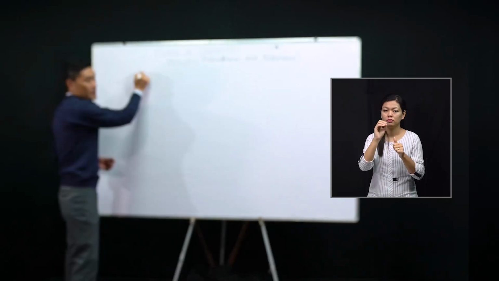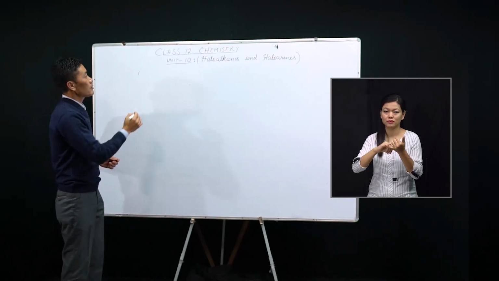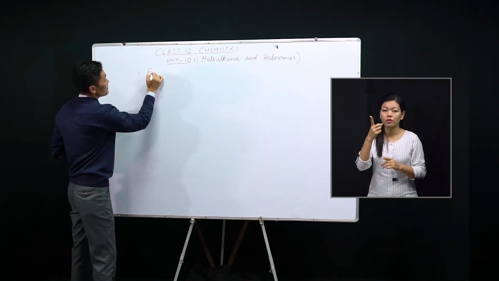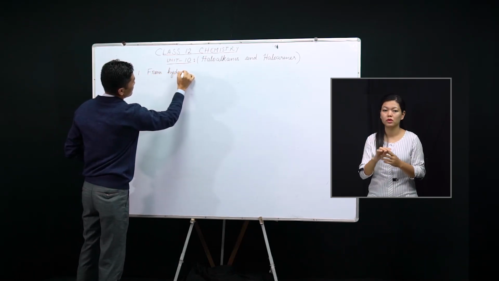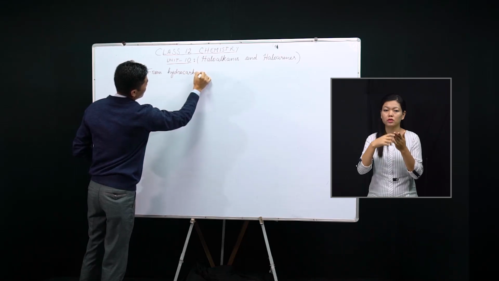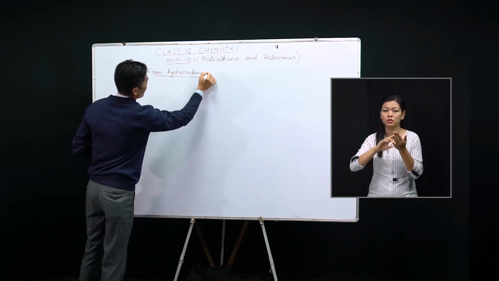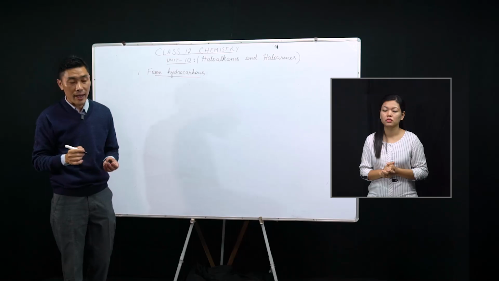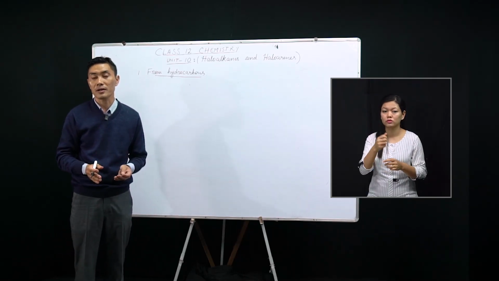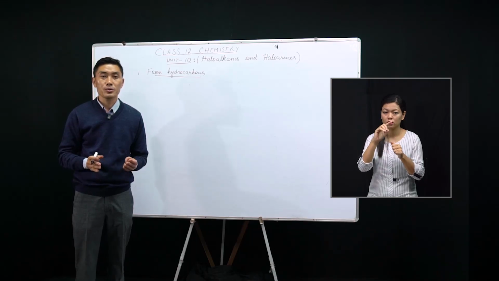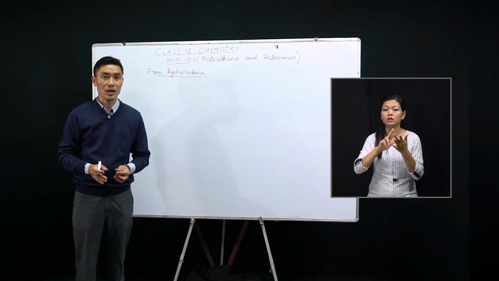The first method that we have is from hydrocarbons. Now remember that hydrocarbons can be used for preparation of haloalkanes also, but in that case we use aliphatic hydrocarbons.